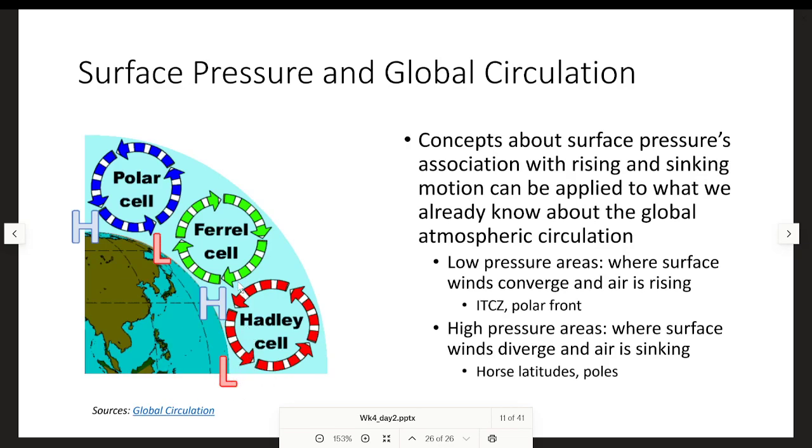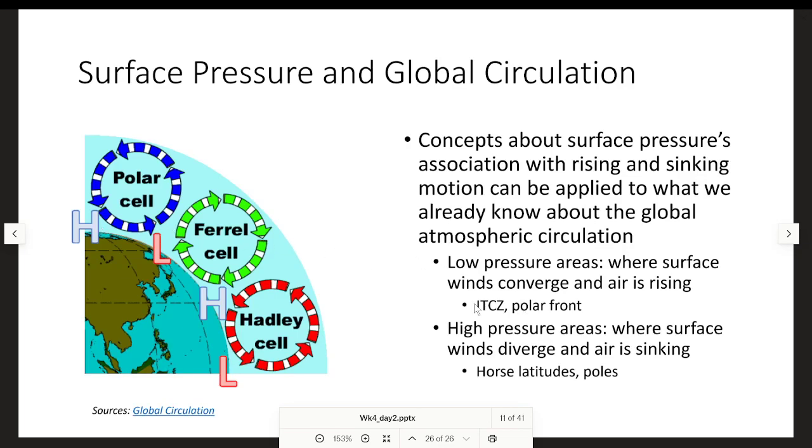Between the Ferrel cell and the Hadley cell, you have sinking motion, so it's going to form a surface high. Between the Ferrel and polar cell, you have rising motion, which forms a low, and then sinking motion at the poles, which forms a surface high.